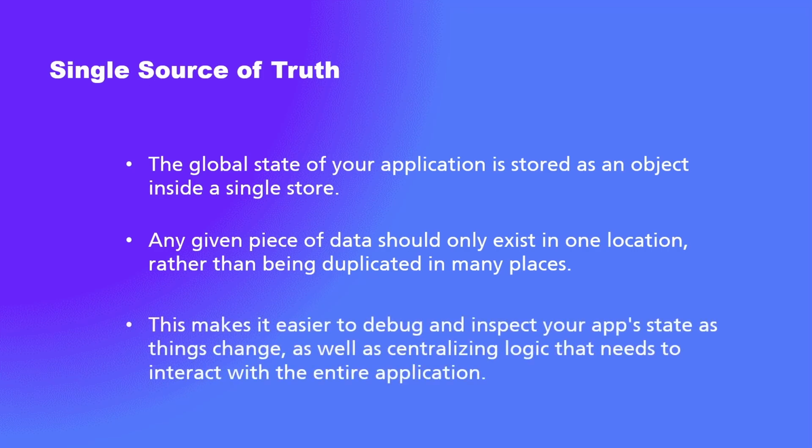This makes it easier to debug and inspect your app state as things change, as well as centralizing logic that needs to interact with the entire application, which means the state will be managed as a centralized one for the whole application.